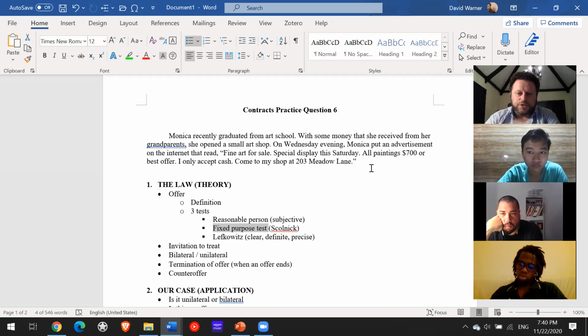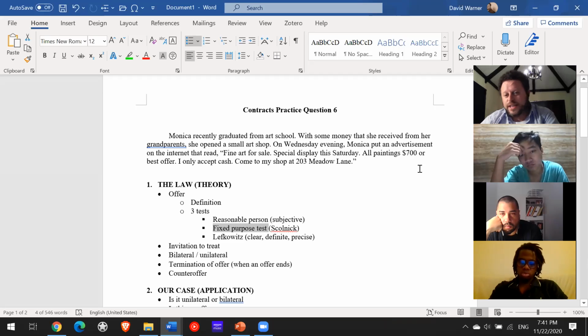Was it just made for this person? Was it a fixed purpose that you're making this offer to this person, or was there something else that needs to happen? Now, let's say you want to buy the painting. Do you think an offer is being made to whoever reads this? Yes. Or is there something else that needs to happen before you could buy the painting?